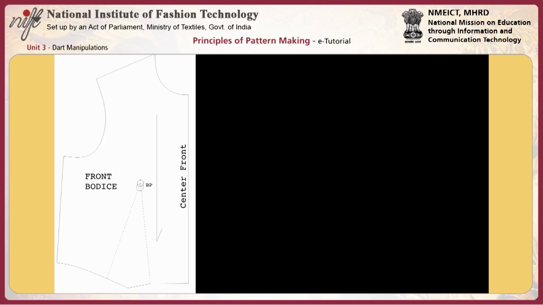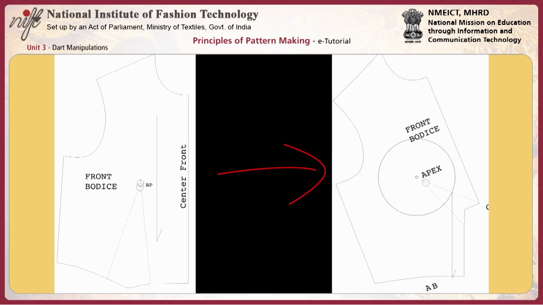Download the start and final patterns from the download section. Now, as per the given instructions, develop a pattern with diagonal center front dot from the basic front bodies. The pattern obtained after transferring the dot should match with the downloaded final pattern.